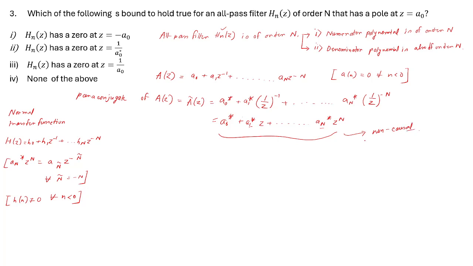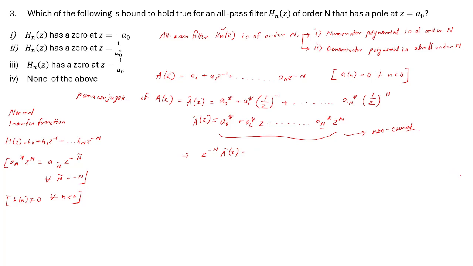What is the easiest way to get it back into a causal transfer function? For that, you multiply both sides with z to the power minus n. It's a good way of visualizing, as z to the power minus n corresponds to delay by n units.